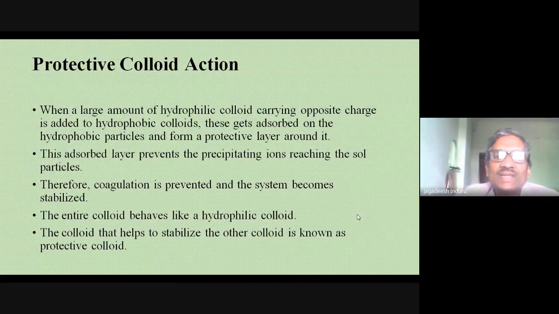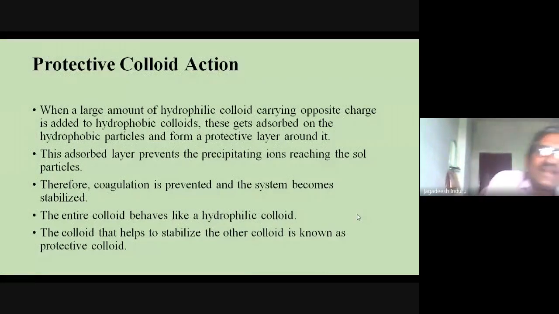And the beauty of this concept is that now the lyophobic colloid, after the addition, will behave as a lyophilic colloid only. I repeat, whenever you add a lyophilic colloid to a lyophobic colloid, after it forms a layer, the lyophobic colloid loses its characteristics. It will behave as a lyophilic colloid only.